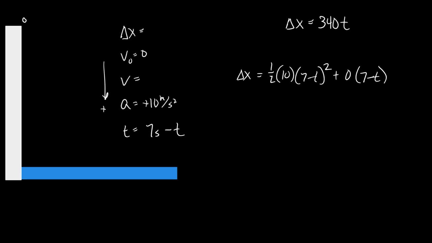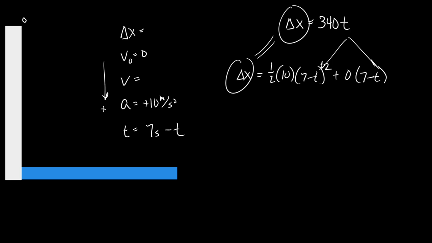Well, the pebble travels the same distance as the sound wave, so these two are equal. And t represents the time it took the sound wave to travel, so these two t's are also the same.